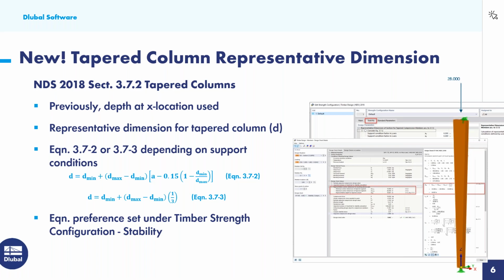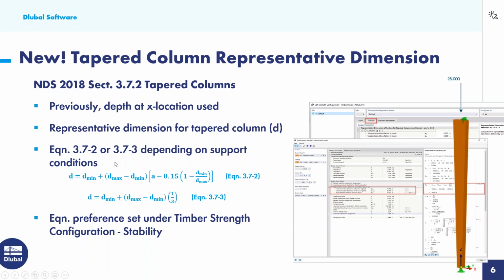Previously in RFEM 5, for any check along a tapered glulam member, we were just using the depth at that relevant X location. Well, the code doesn't exactly say that. It says to please calculate the representative dimension for the tapered column instead. And we can see equations 3.7-2 and 3.7-3 are given to us here directly from the NDS.